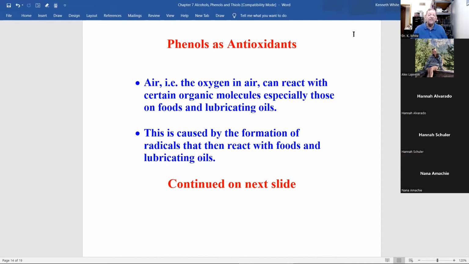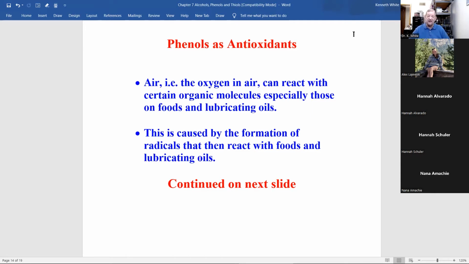It turns out air can oxidize things by reaction dealing with what's called radicals. And radicals are very, very reactive organic molecules. And I could do a whole 2-semester graduate level course on the chemistry of radicals.